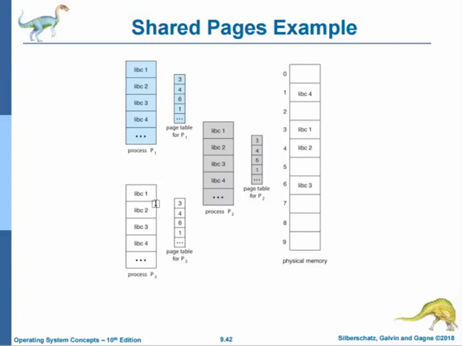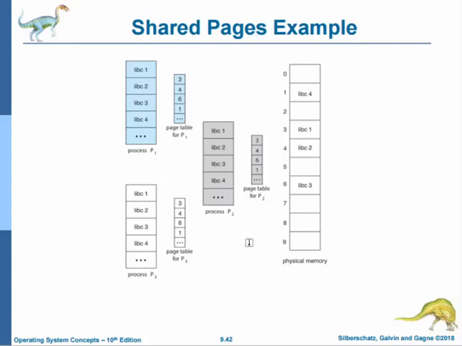Only one copy of the standard C library need be kept in physical memory, and the page table for each user process maps onto the same physical copy of libc. Now, to support 40 processes, we need only one copy of the library, and the total space required is 2 megabytes instead of 80 megabytes. So we are having a significant saving.